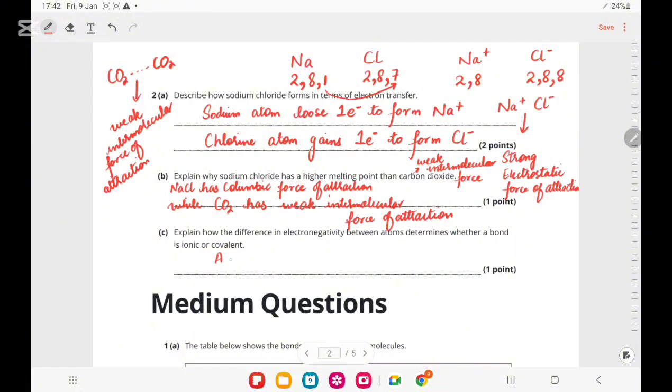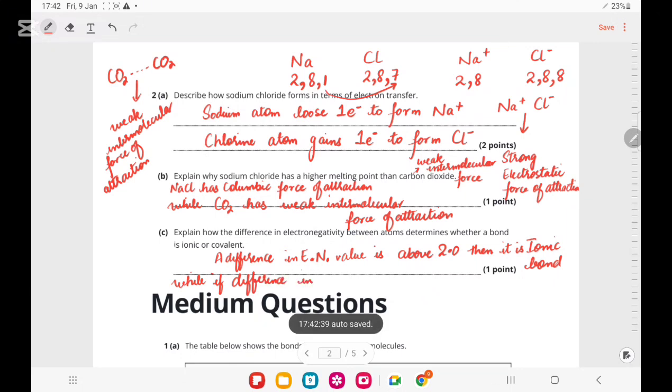So if a difference in EN value is above 2.0, then it is ionic bond, while if difference in EN value is less than 2.0, then it is going to be covalent bond.